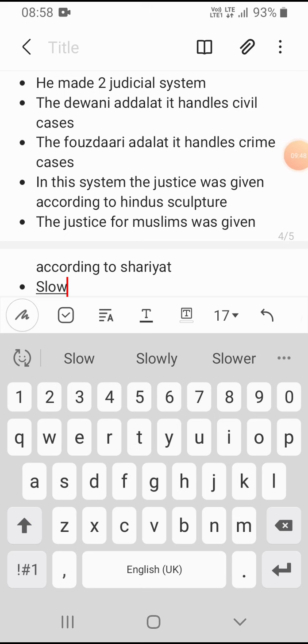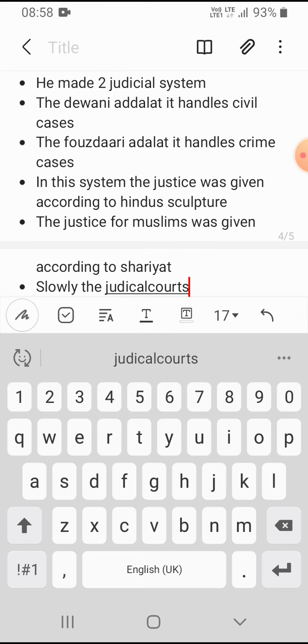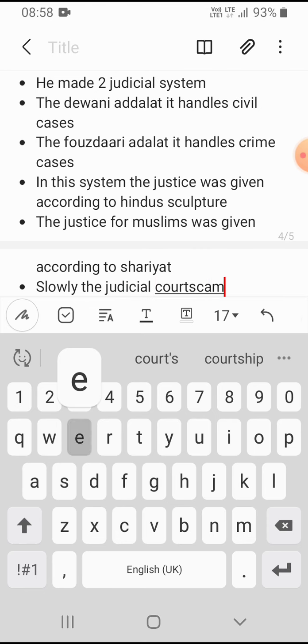Slowly, the judicial courts came into existence.